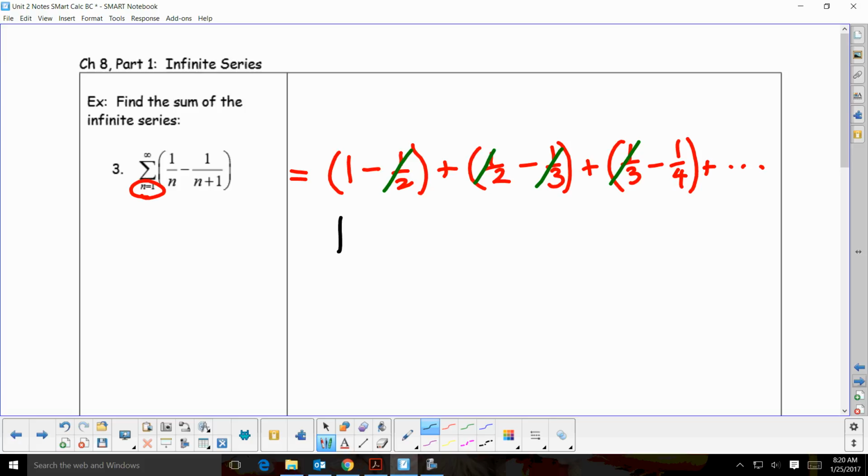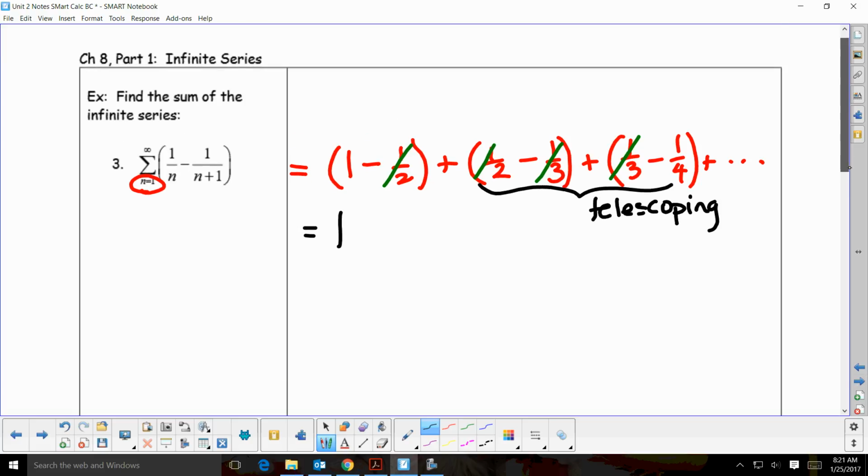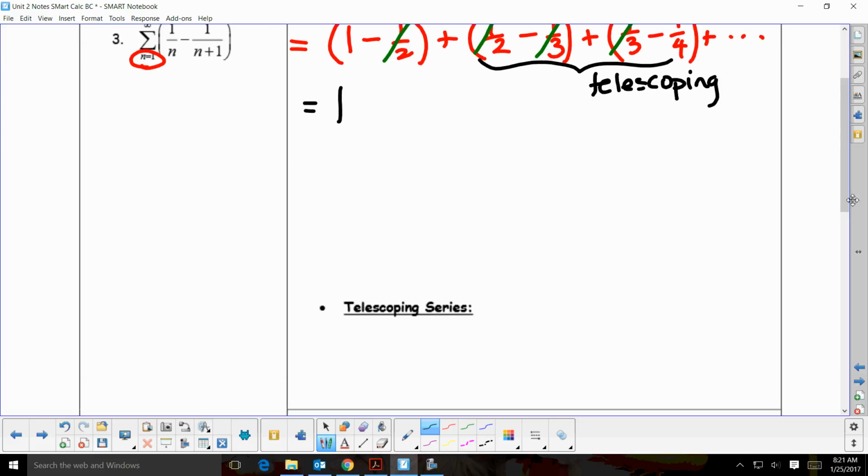Well, wow, shock. Okay. So what is this right here, when they start to cancel? It's called telescoping. Telescoping series are when, as you keep going, some of the terms cancel.